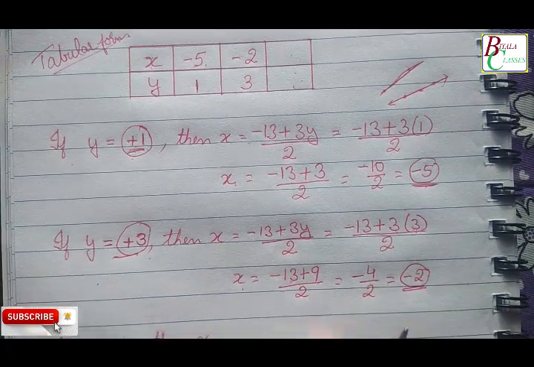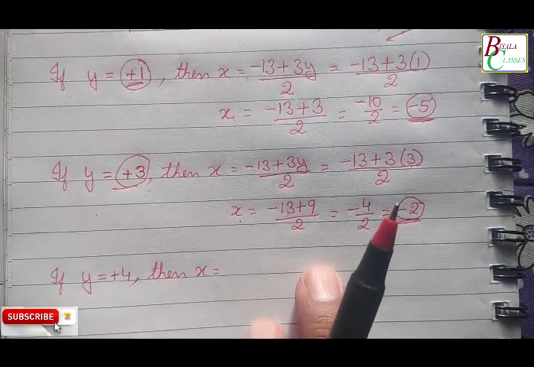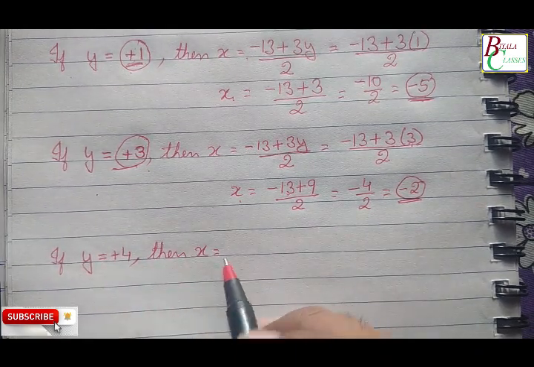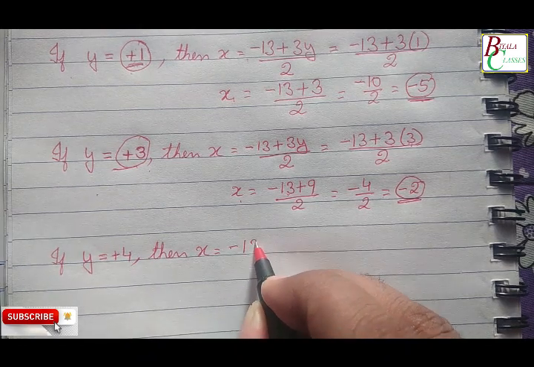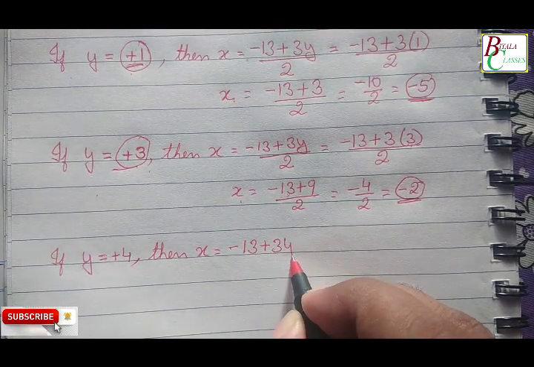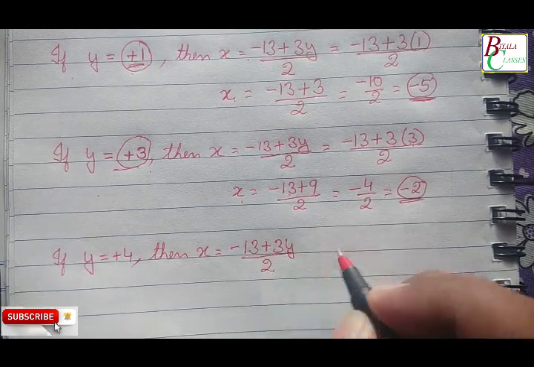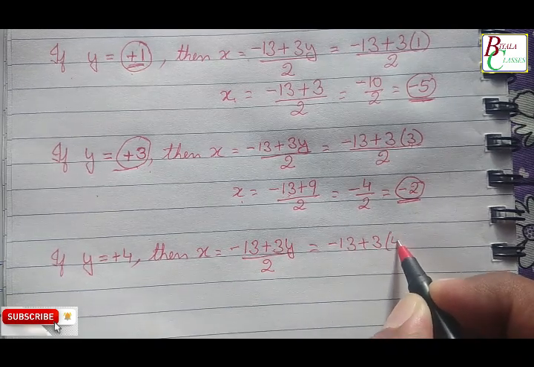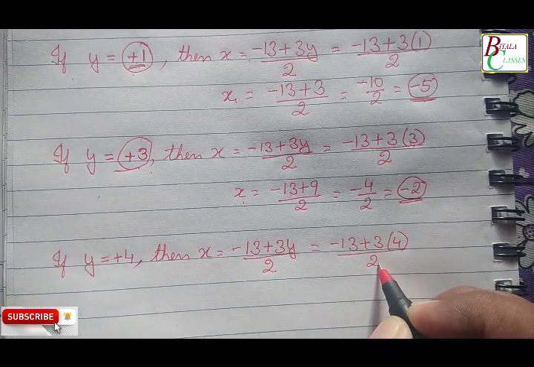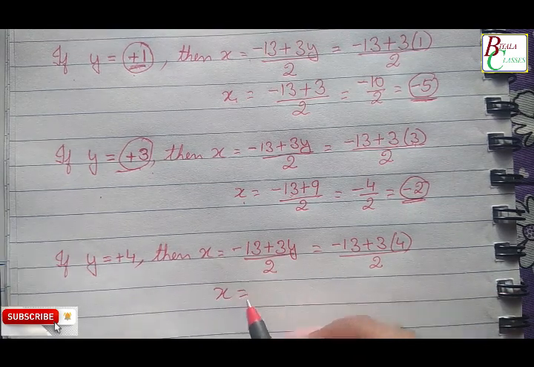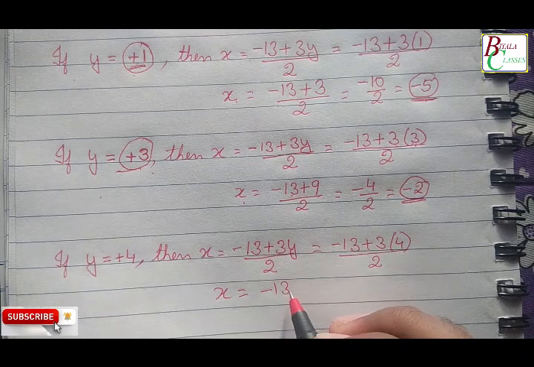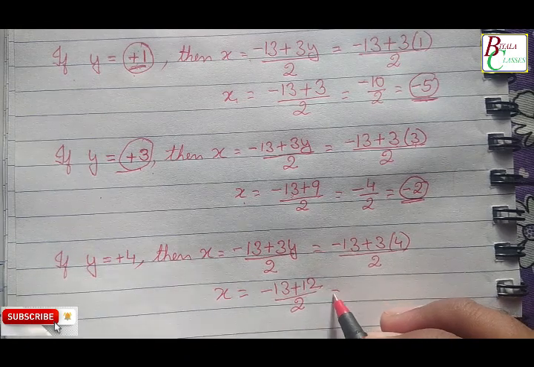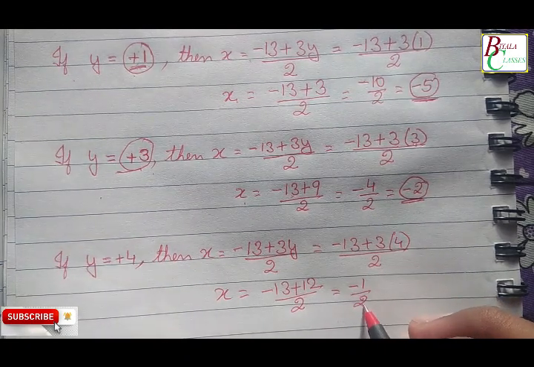And in order to calculate the third one, I am going to take y equals to plus 4. Now if this value is taken, y equals to plus 4, then x, which we have as minus 13 plus 3y upon 2, will be equal to minus 13 plus 3 multiply 4 upon 2, and solving it, you have x equals to minus 13 plus 12 upon 2, which is minus 1 upon 2.